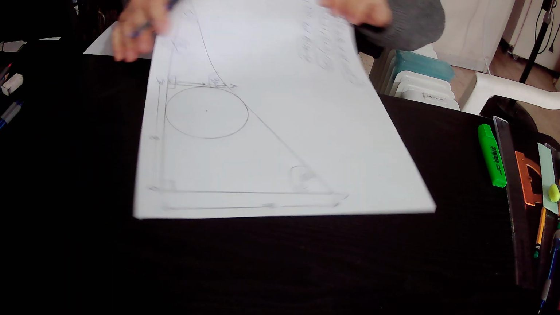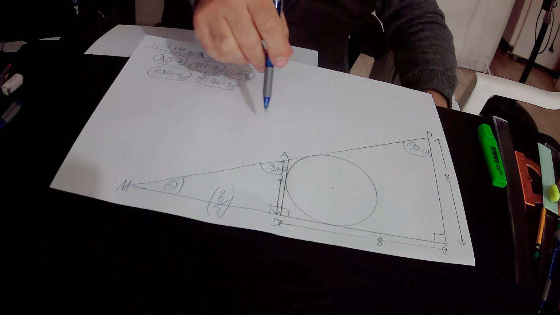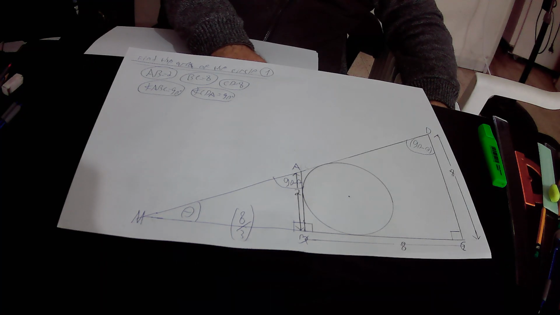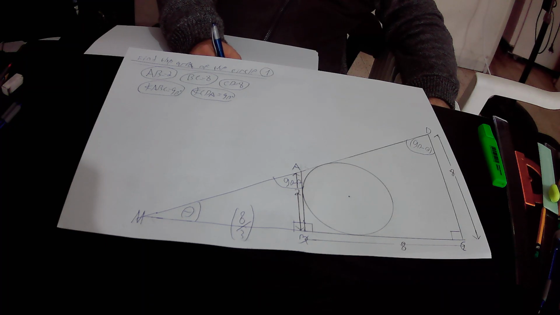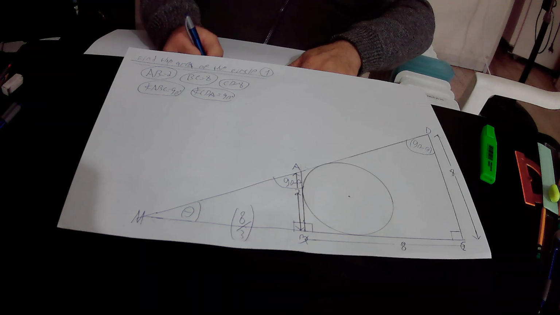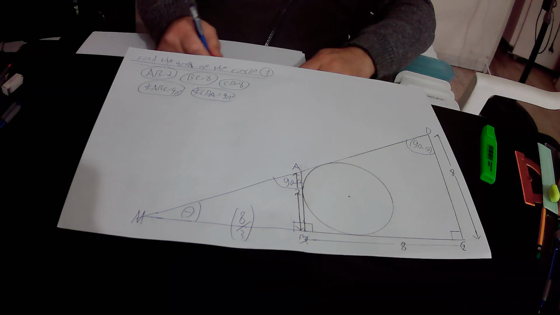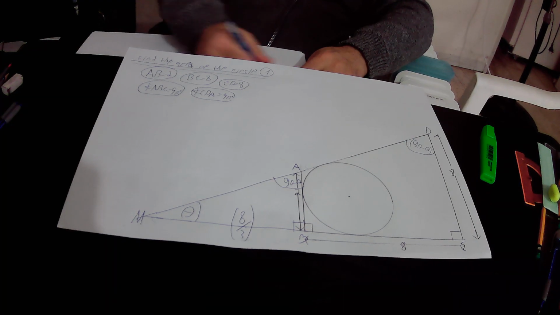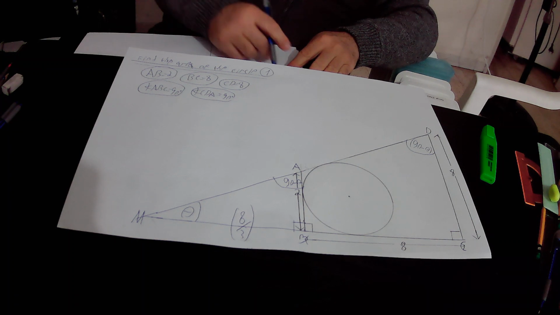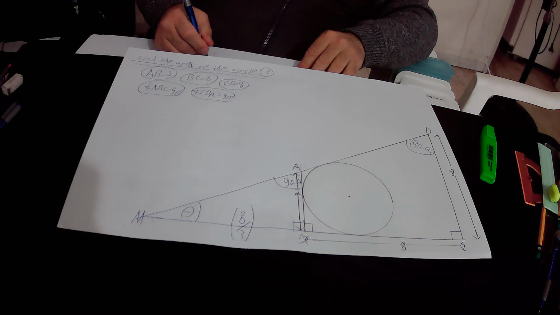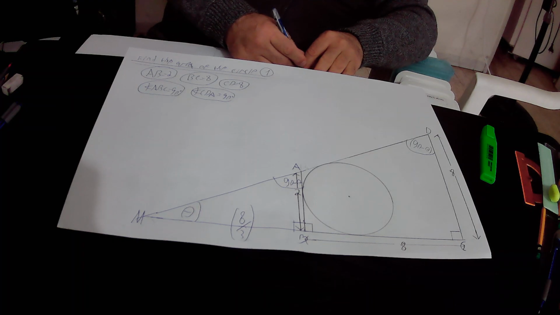In the next step, we focus on this small right triangle MBA, and we'll implement the Pythagoras theorem in this right triangle MBA. Here, PT is abbreviation for Pythagoras theorem. According to the Pythagoras theorem, in any right triangle, the square of the hypotenuse equals the sum of the squares of the perpendiculars.